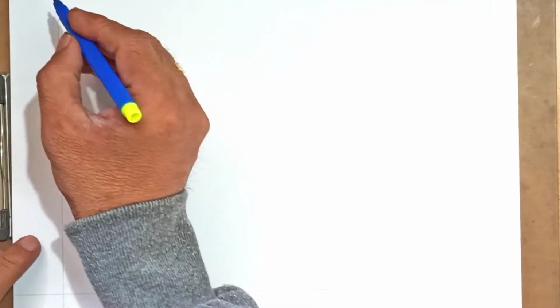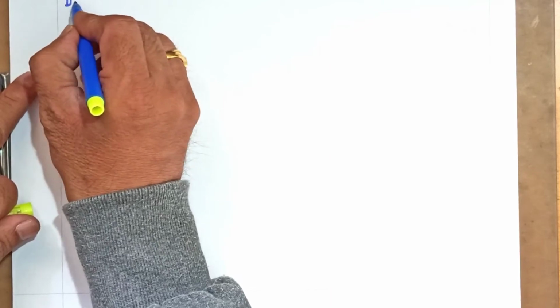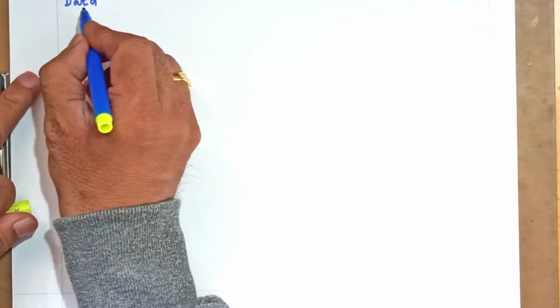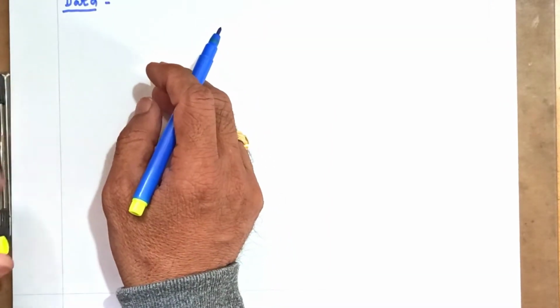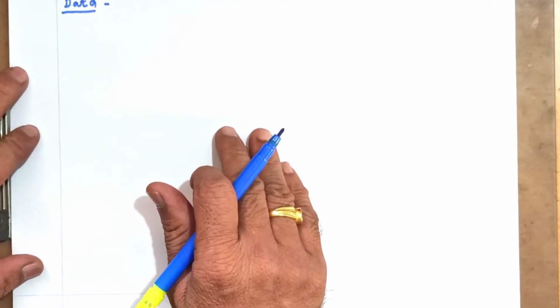Now, as usual, let us list out the given data. Now, what are the things given? Here slab panel is given, means the effective dimensions of that particular room are given.